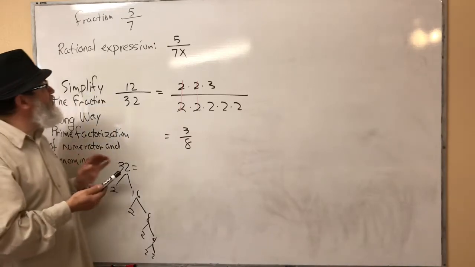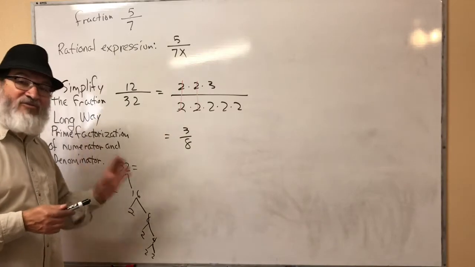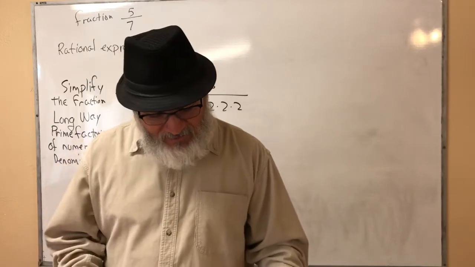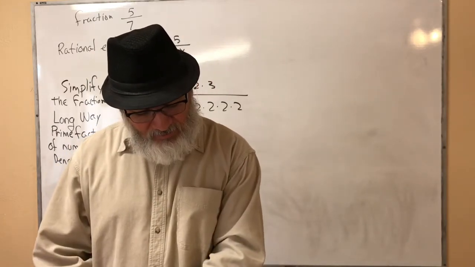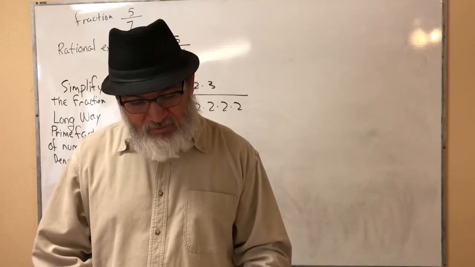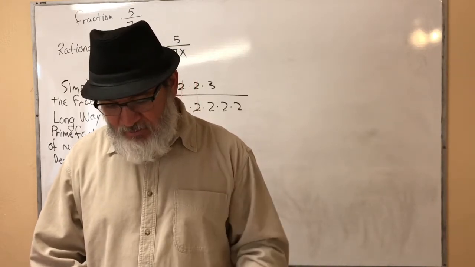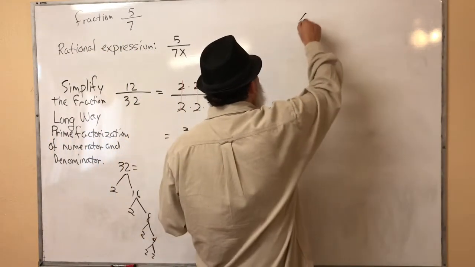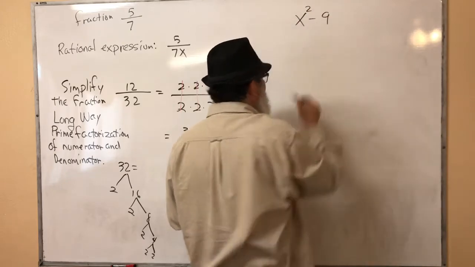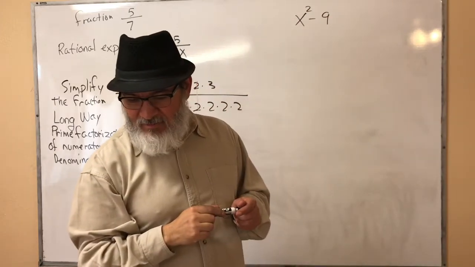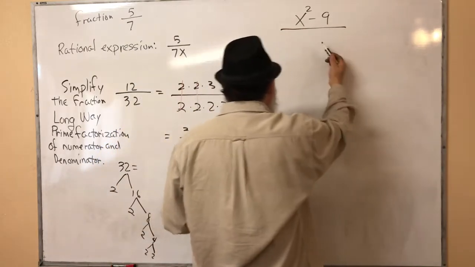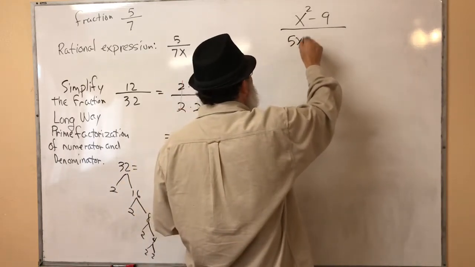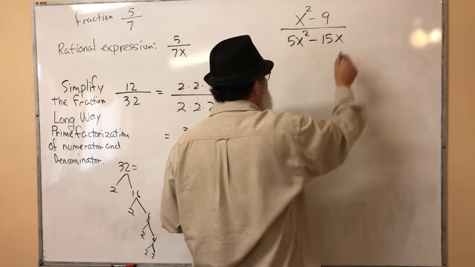Therefore, we can apply this to the following. Consider the following concept. Oh, this is beautiful. Look at this. Watch this. x squared minus 9 divided by 5x squared minus 15x.